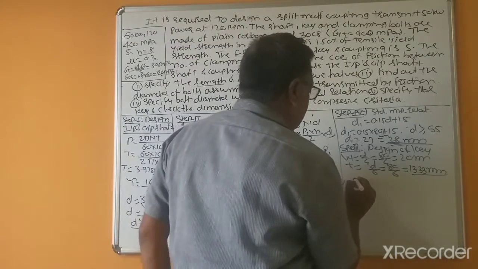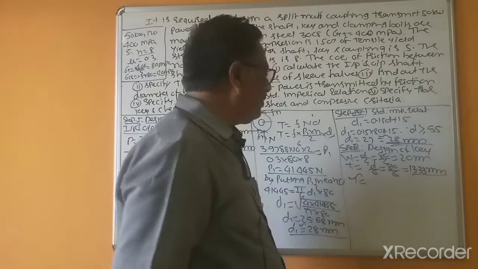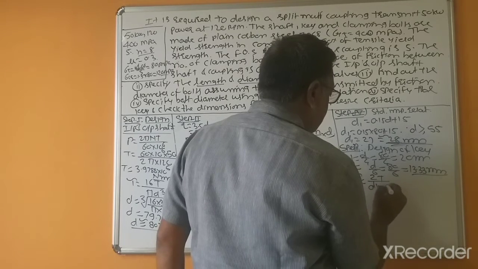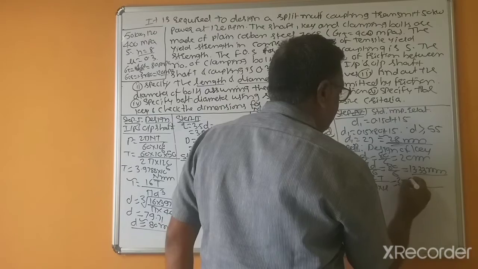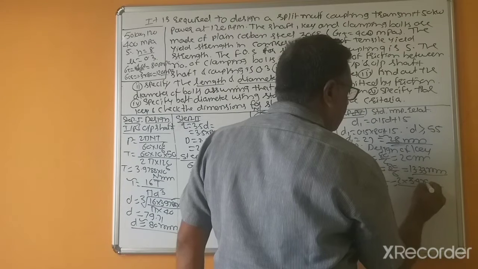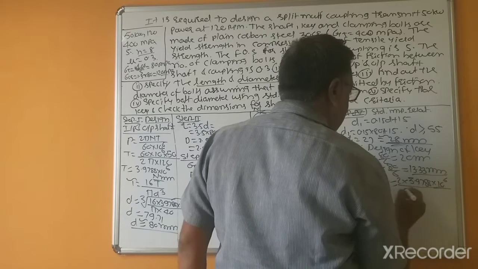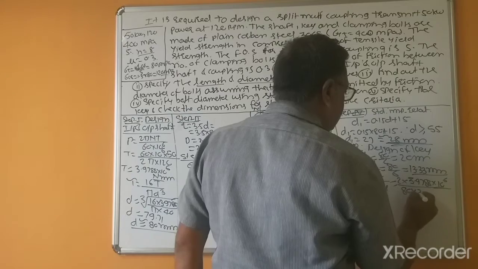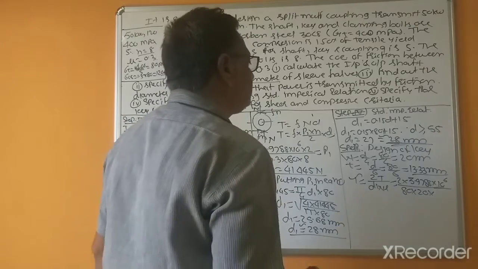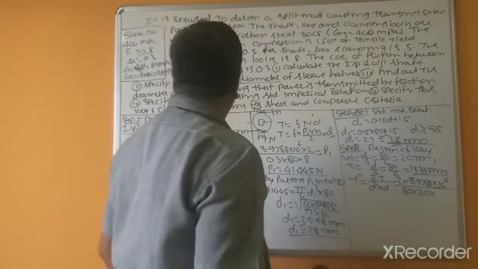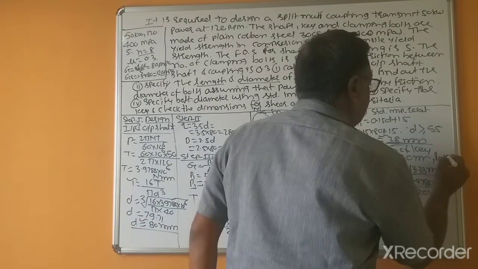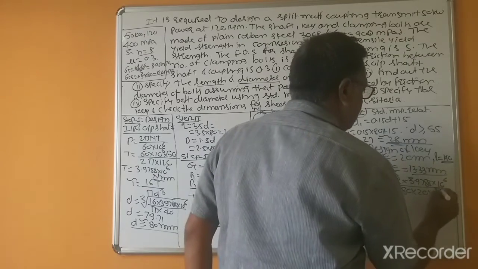Now for shear stress, for checking purposes, what is the formula? 2T divided by DWL. This is 3.9788 into 10 to the power 6 divided by D equal to 80, width equal to 20, capital L equal to 280. So L, directly I am taking now, is 140.